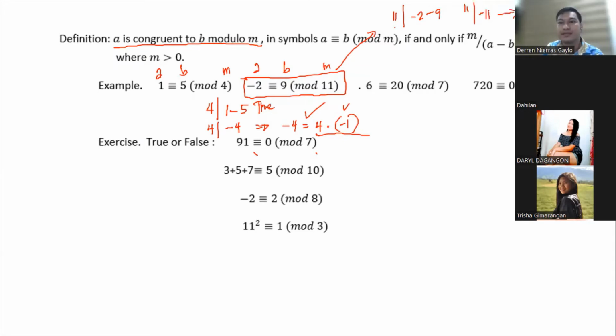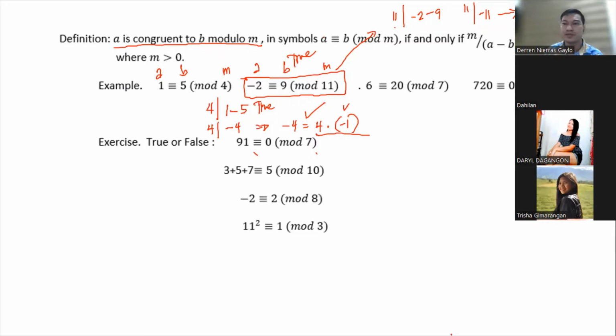Based on the definition of divides, we can find an integer that we can multiply with 11 to get negative 11, and that is negative 1. So this is also true. That's based on our definition of divide.